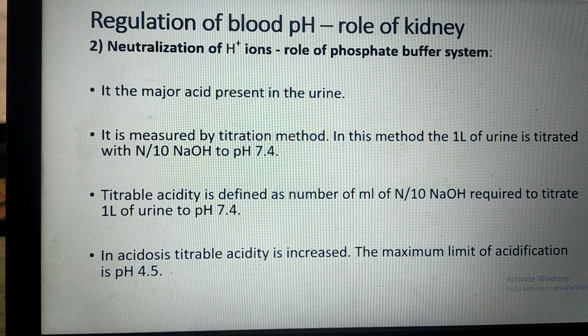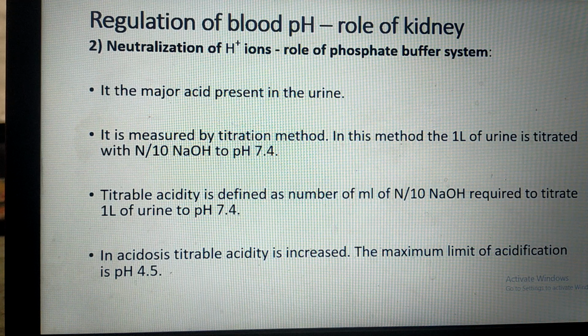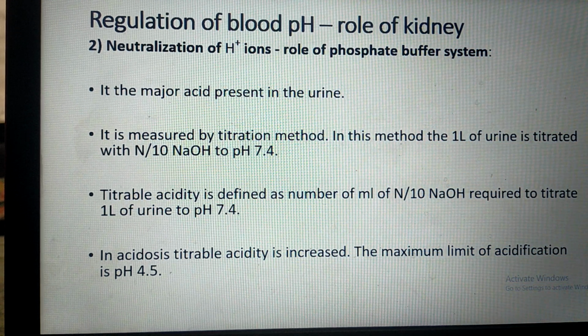That will slowly neutralize the sodium acid phosphate, and the pH, from 6 or if it is below 6, will increase, and we have to maintain that titration until pH 7.4 is attained by the 1 liter of urine. Now after that we have to measure how much N/10 NaOH is required for this process.